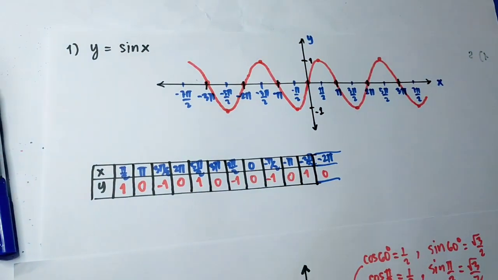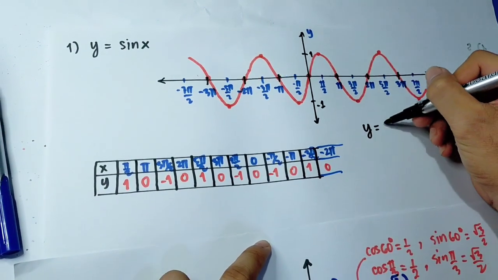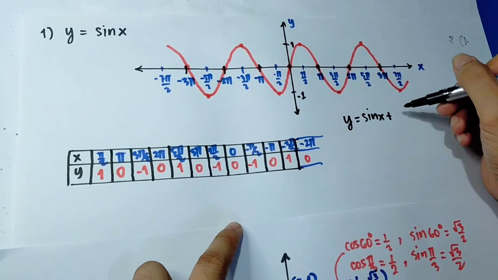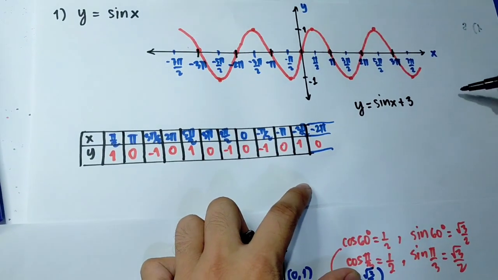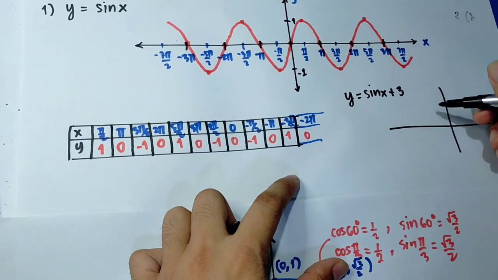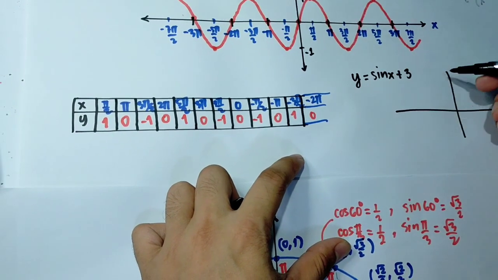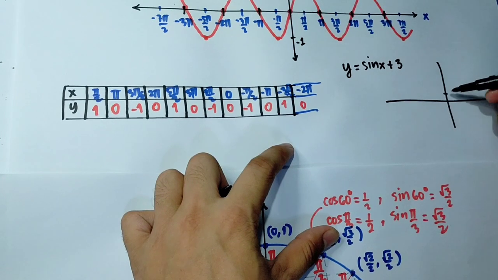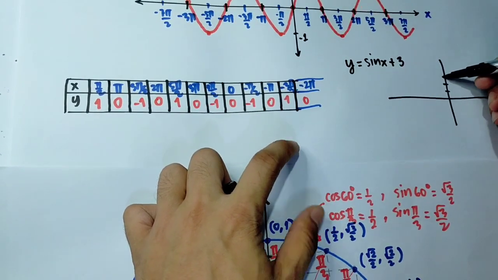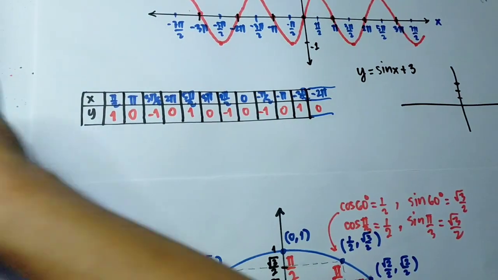Now, in case your function is given as y equals sine x plus a constant, say for example 3, then that means the graph of that is simply like this. Here, we translate our sine 3 units up. So 1, 2, 3. This is now this point here of our sine function.